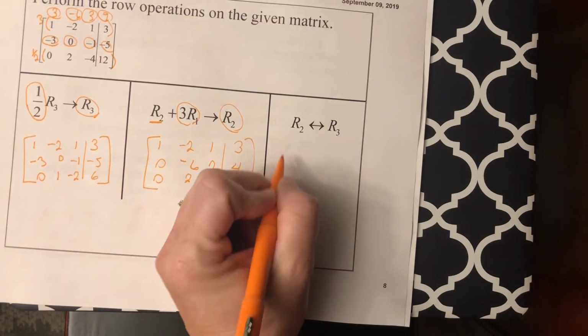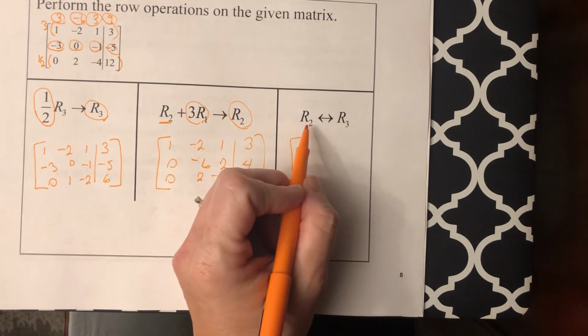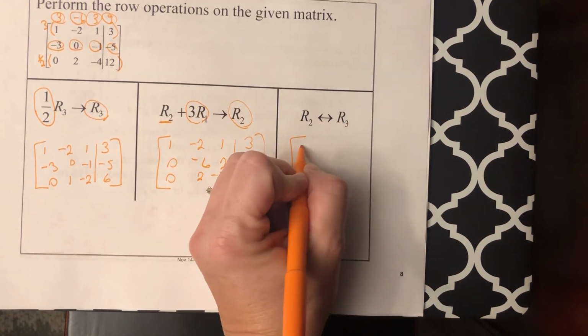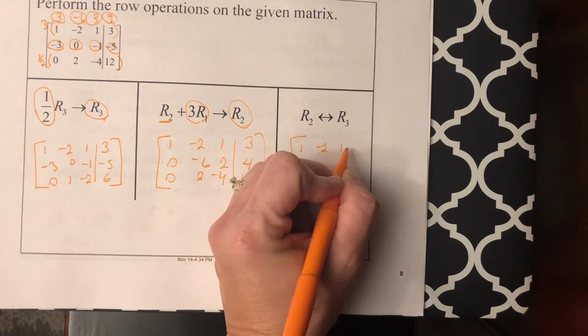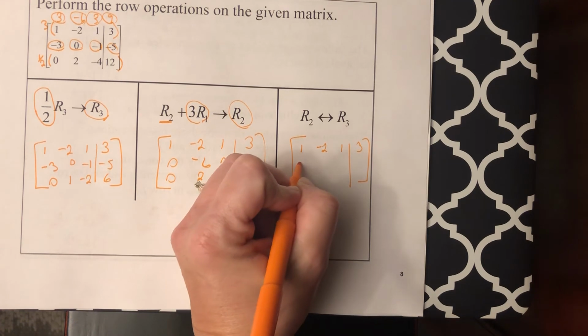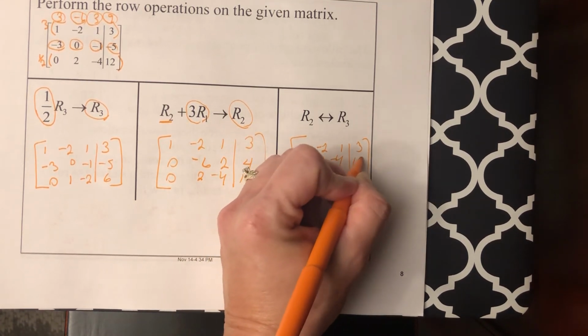Okay, and this last one is switching row 2 and row 3. So row 1 is going to be the same, but row 2 is now row 3, and row 3 is now row 2.